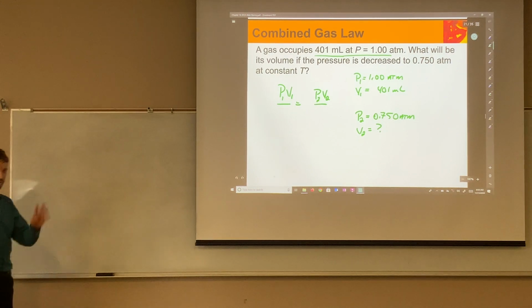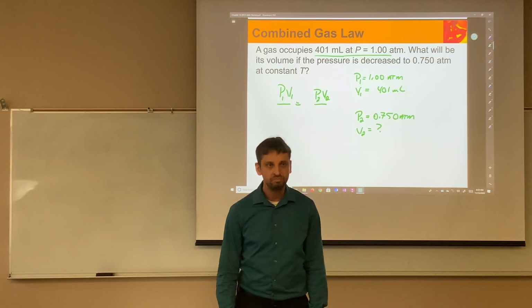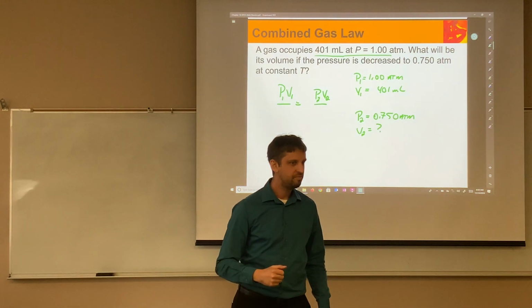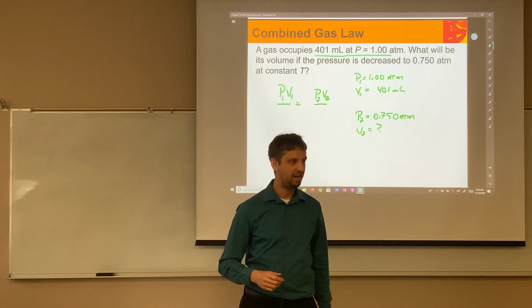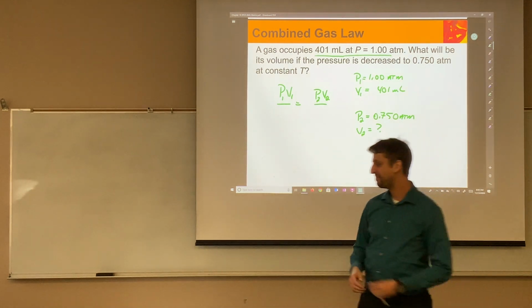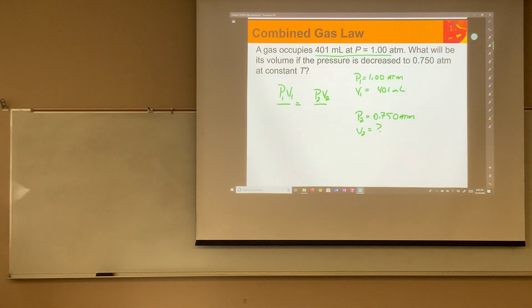And now we have an equation with 4 variables. Do we have information about 3 of them? Yep. Can we get that one solved? Well, 9 a.m. on a Friday, we can probably do that. And so if we plug that all in, I got V2 is equal to about 535 milliliters.